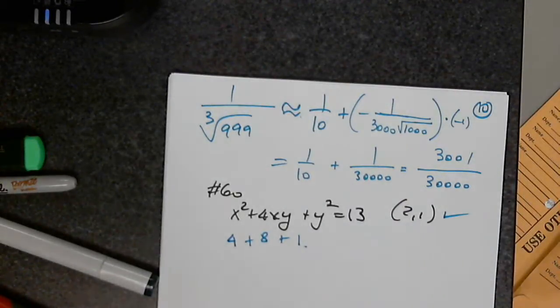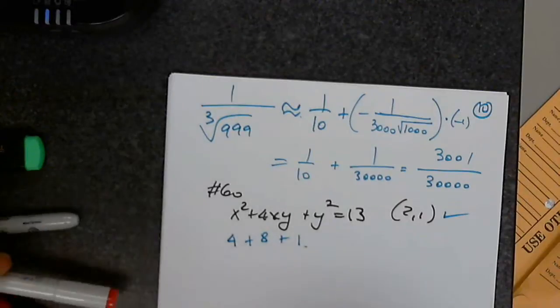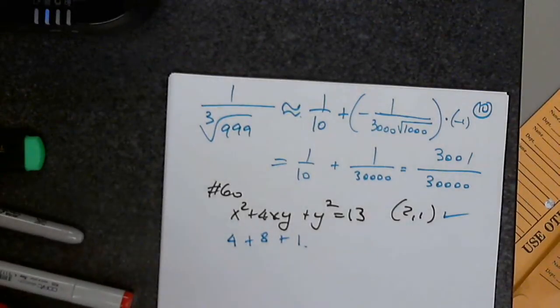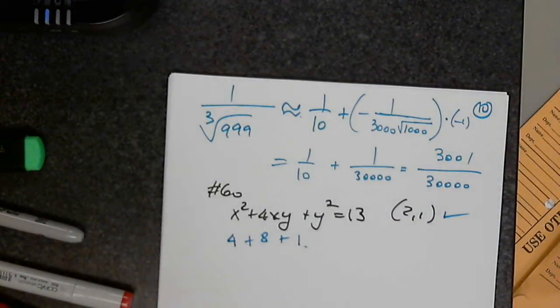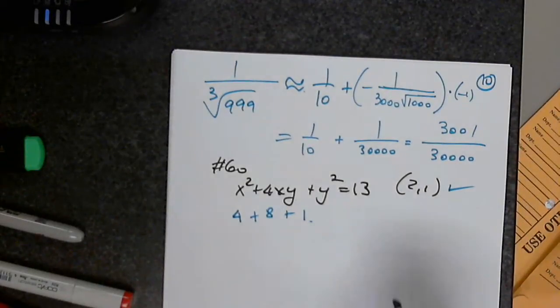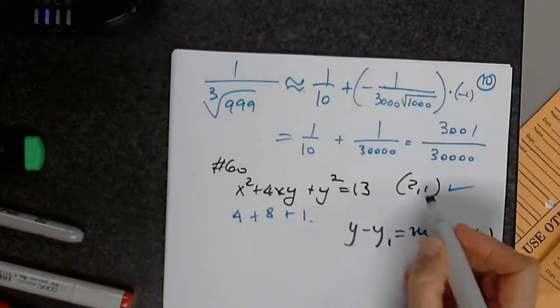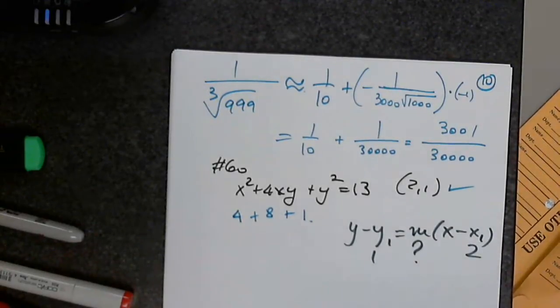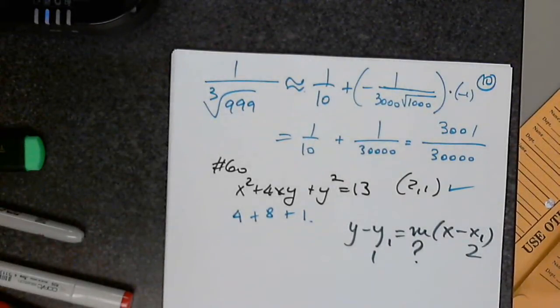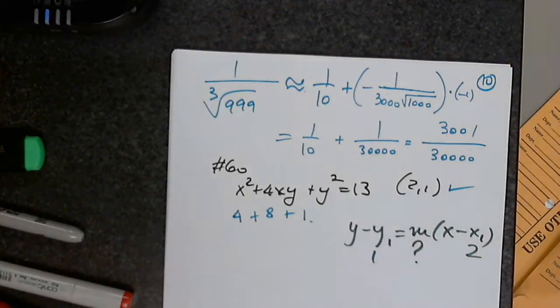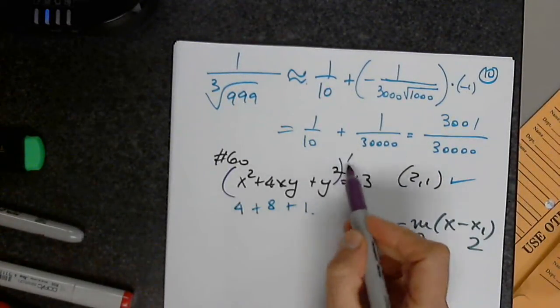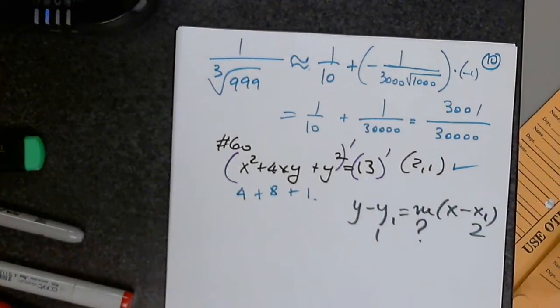So now we are asked to find the equation of the tangent line. What do I have to find? Yes. I do have y minus y1 equals the slope times x minus x1, and this is 2 and this is 1, but I don't have the slope. Perfect. How do I find the slope? That's my immediate target. Right, so I differentiate the left-hand side and the right-hand side.